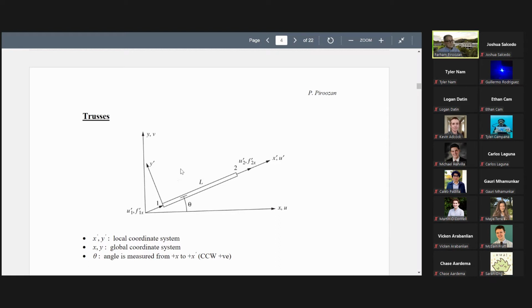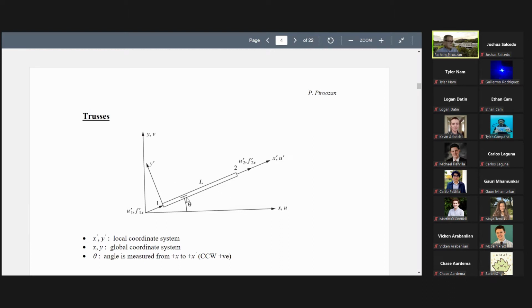With x, y, there is a displacement u, which is always the displacement in the x direction, and in the y direction, displacement v. So u and v are displacements in x and y. In x prime and y prime, displacements are u prime and v prime, u prime in the x prime direction and v prime in the y prime direction.